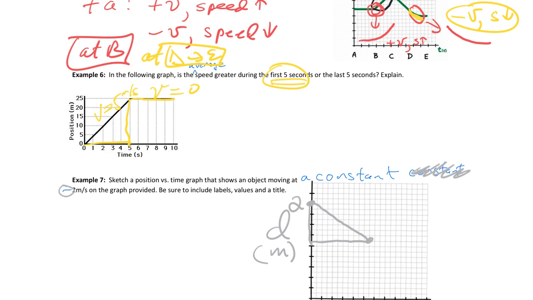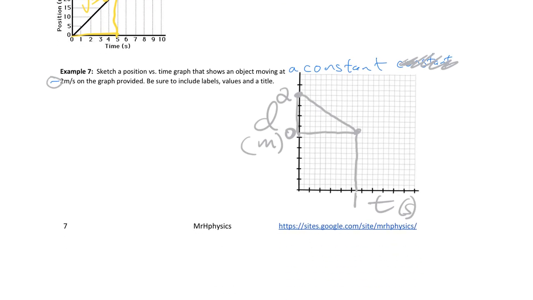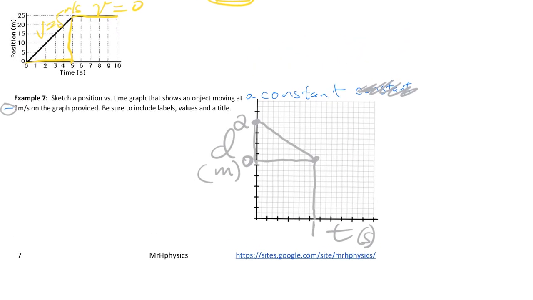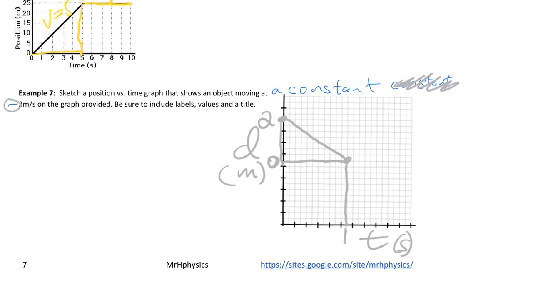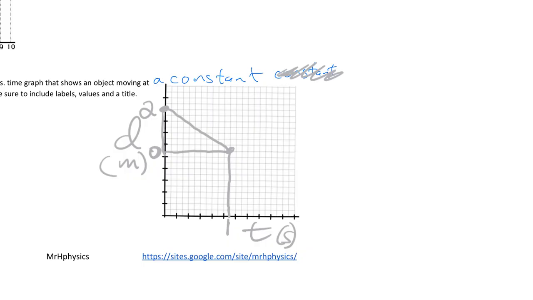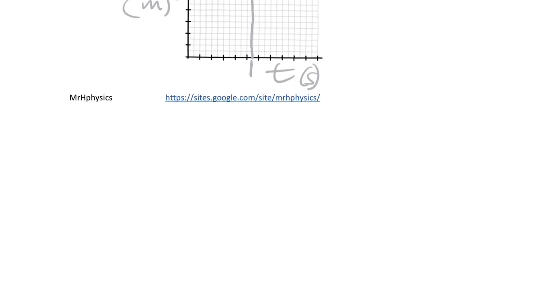I'll say that's 2, this is 0, and this is 1. So the slope is negative 2 over 1. Kind of stupid, but you'd have to identify it. So my graph would look like this. Now, you can make any scale you want.